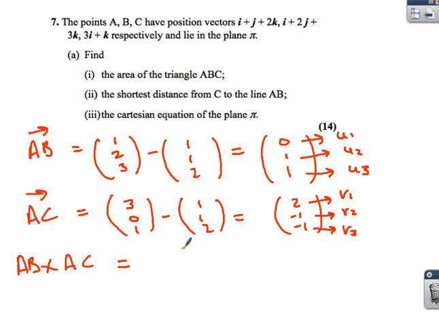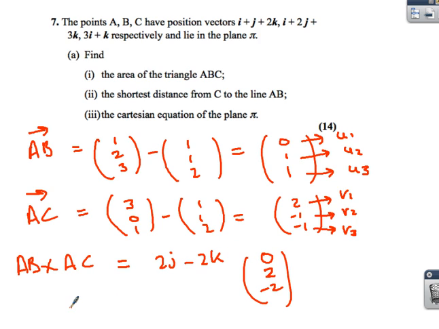If we work out that cross product, we do end up with two lots of J, and also minus 2K. In effect, if we want to write that in vector form, we're going to end up with 2, 0, 2, and negative 2 like that. Okay, so there we go. We've worked out the cross product of AB and AC.